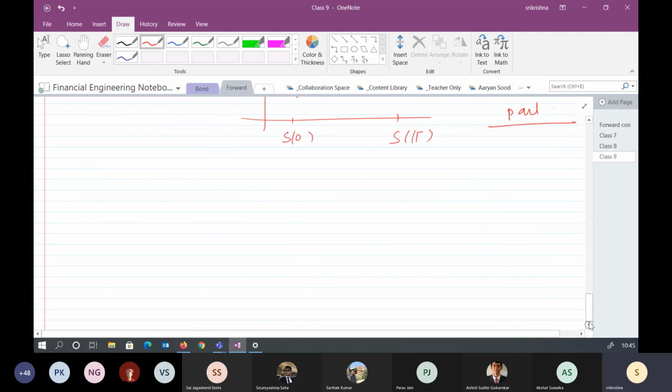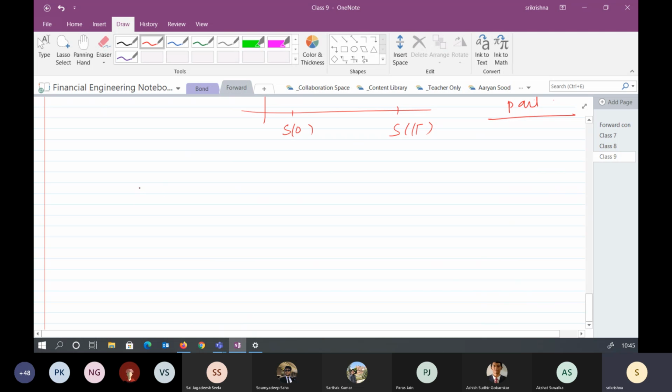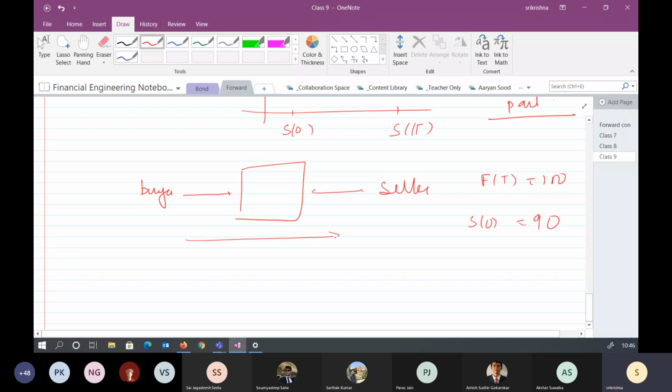I think Ashish was asking the same question. Let's say that there is a buyer, a clearing house and a seller. If the future price is 100 and today S naught is 90, who is going to pay 10 rupees? The buyer is going to pay 10 rupees to the seller.